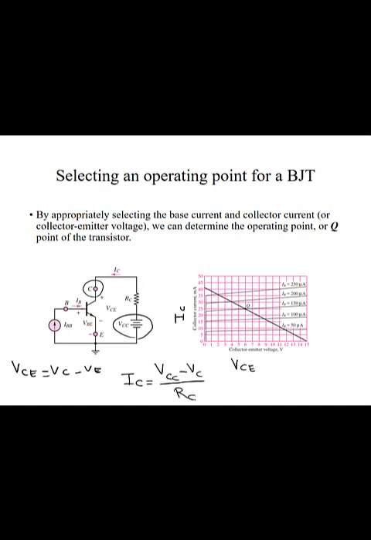So then we found IC, so we can specify it on this axis, and then we have also VCE, so we can specify it on the other axis, and then the intersection of those two points will give us the Q point or the operating point for the BJT.